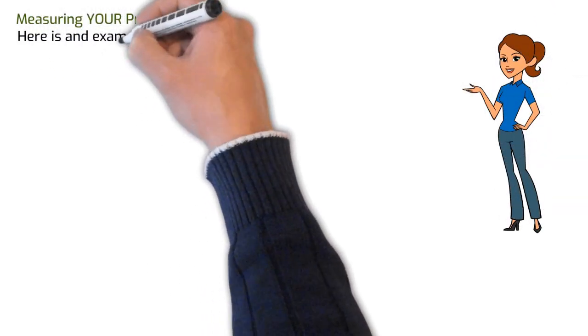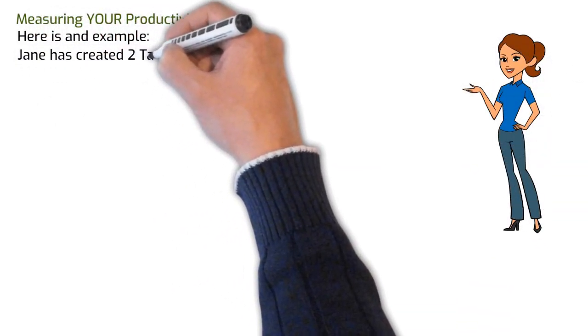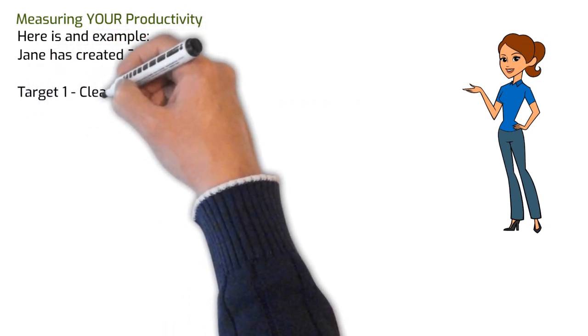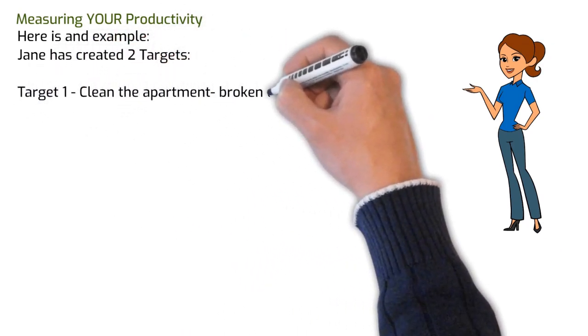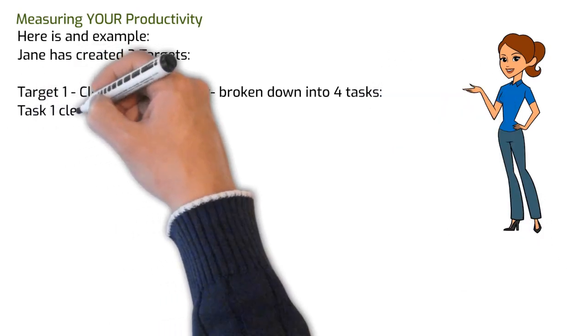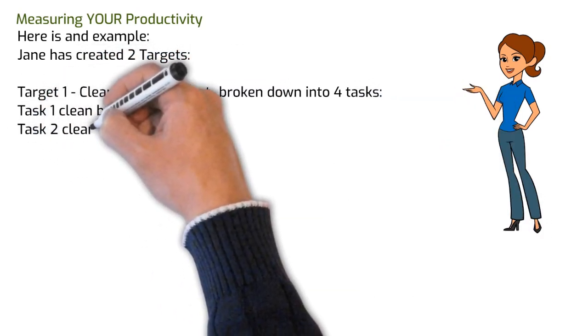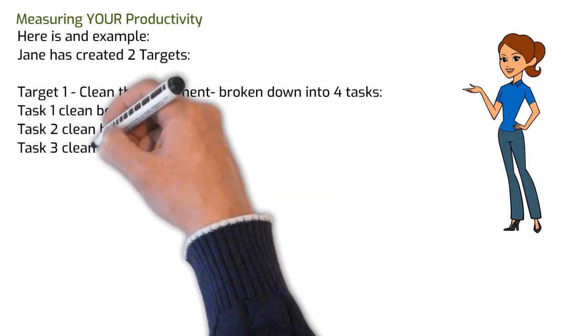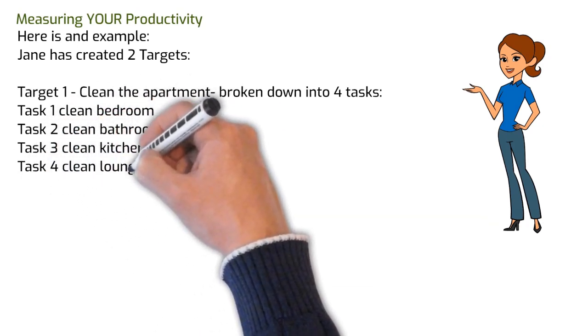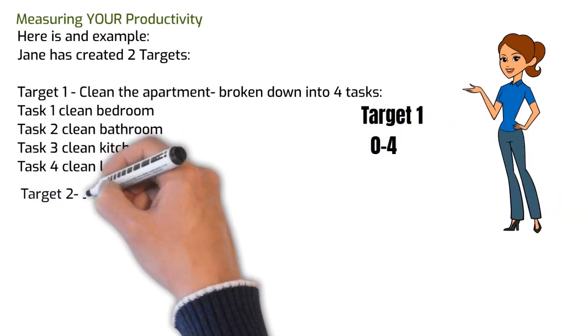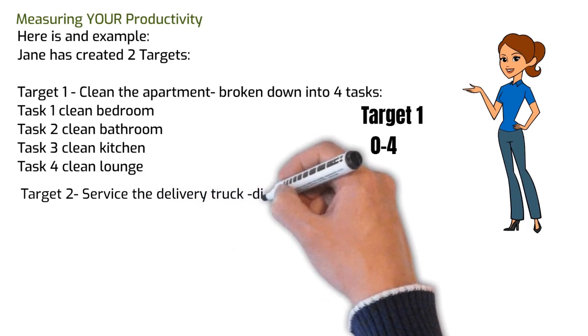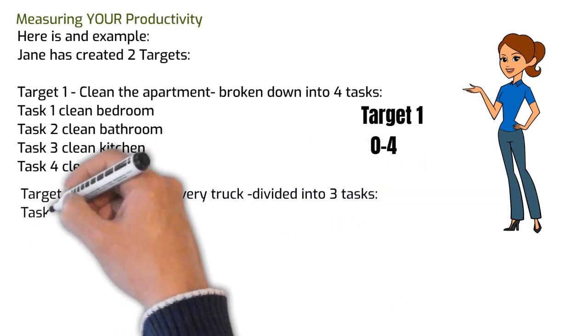Here is an example. Jane has created 2 targets. Target 1, clean the apartment, which is broken down into 4 tasks. Task 1, clean bedroom. Task 2, clean bathroom. Task 3, clean kitchen. Task 4, clean lounge. Target 2, service the delivery truck, divided into 3 tasks.